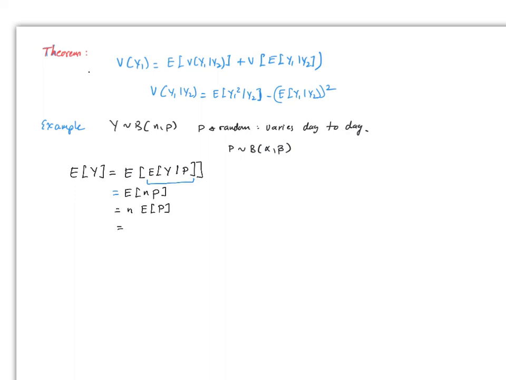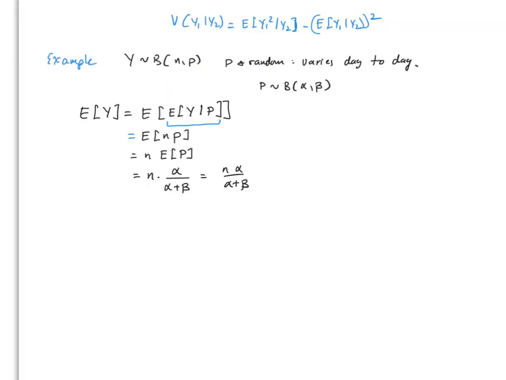But p had a gamma distribution, and the expected value of a gamma distribution, remember, was alpha over alpha plus beta. So this will be n alpha over alpha plus beta. Now the variance of y is going to be a lot longer, so I'm just going to start the problem here. You should be able to complete this by yourselves.